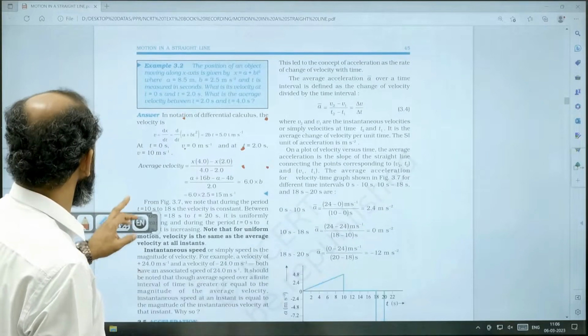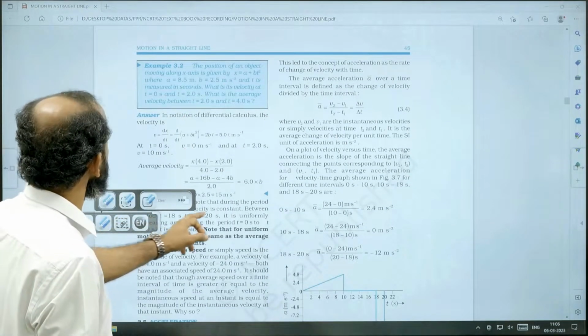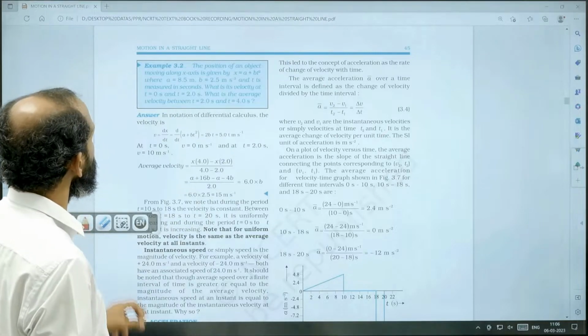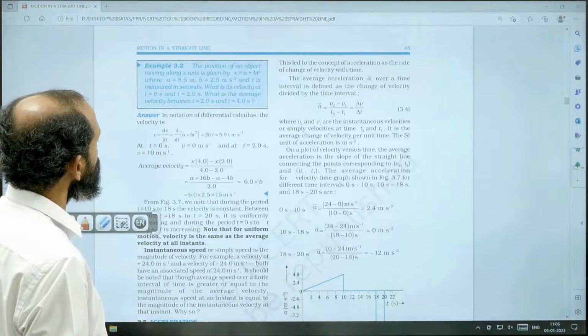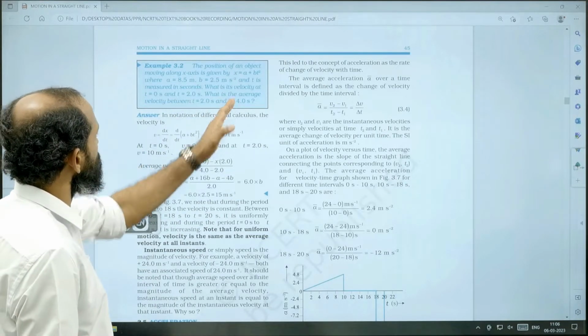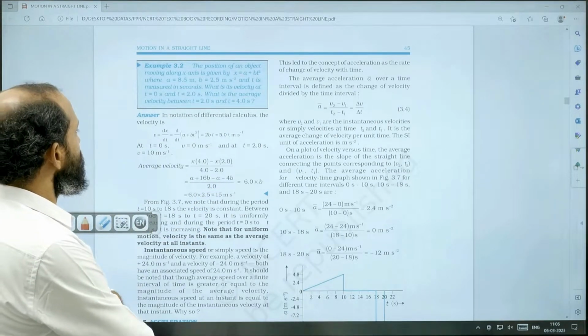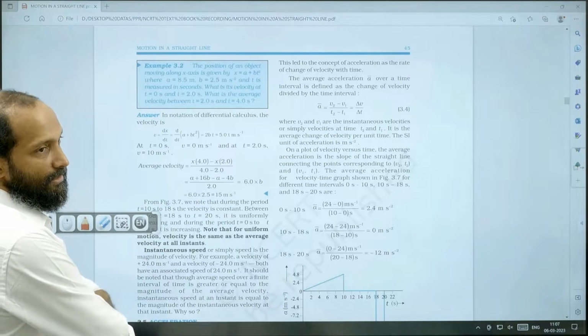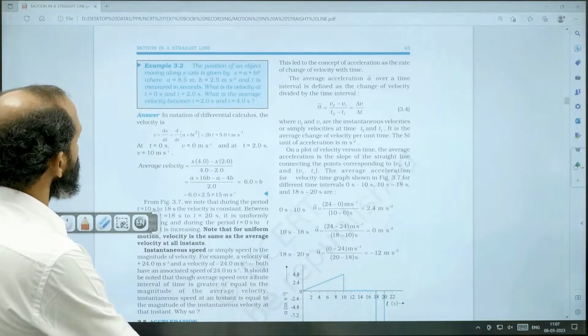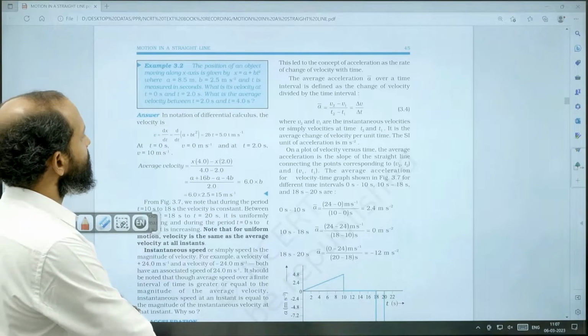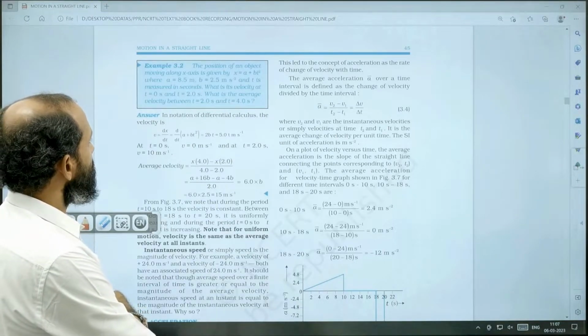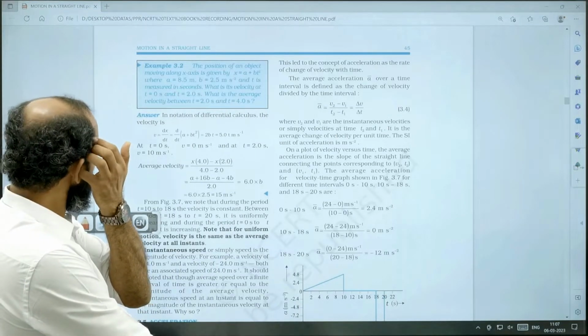Now, this solved example is also important. You go through the solved example for finding average velocity between 2 second and 4 second for such an equation: x is equal to a plus bt square. That is position. Taking the first derivative, you get velocity, that is 2bt. Then at t equal to 0, velocity is 0.